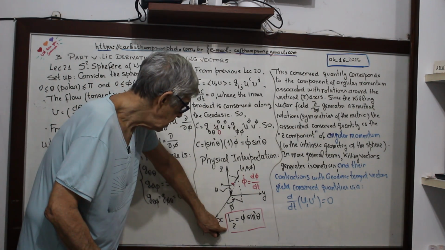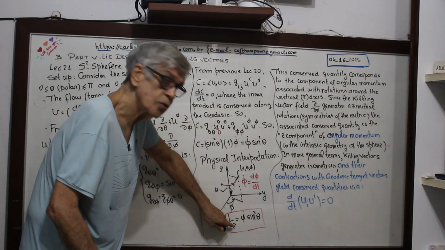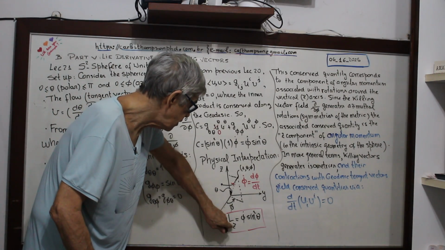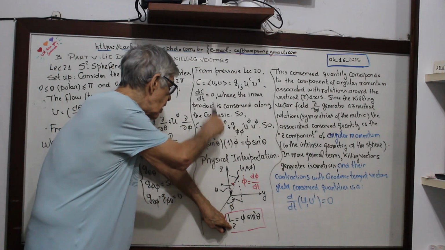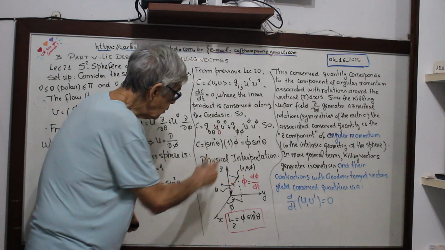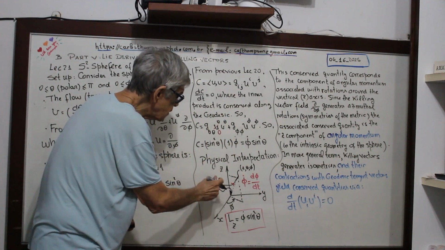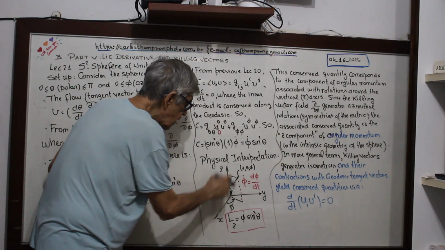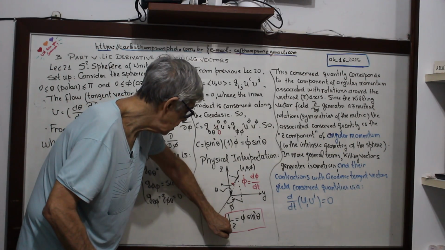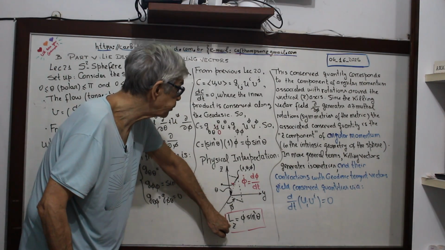So this is in this case the angular momentum. Lz is the component of the angular momentum in the z direction, because in this particular case it's moving around the z-axis.